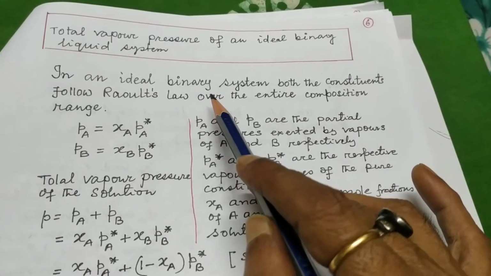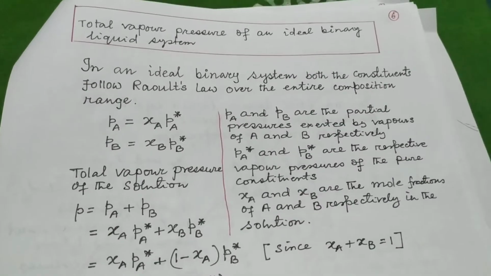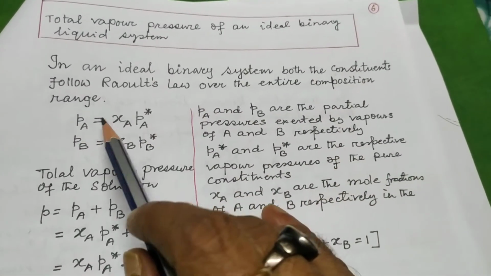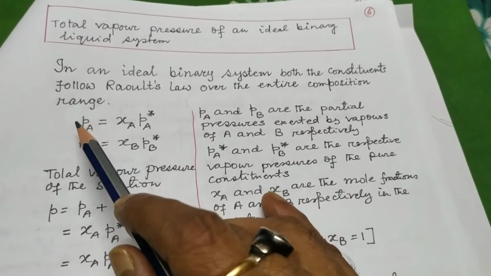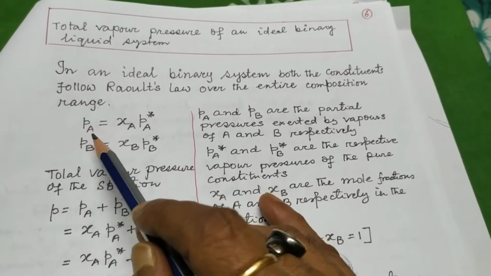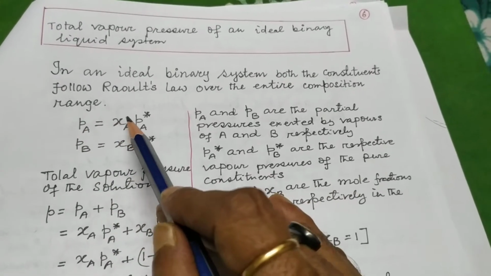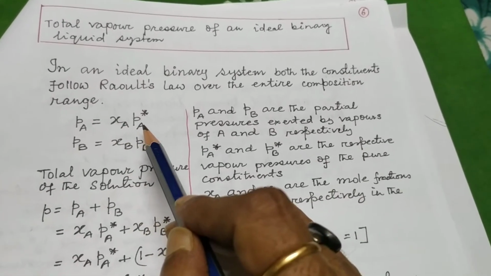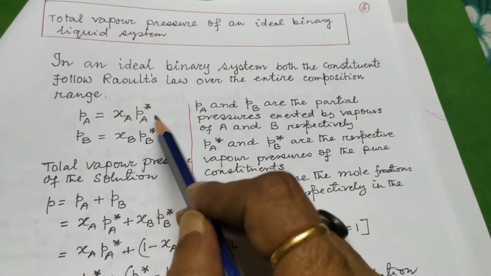Here, A is more volatile than B. Both the constituents will follow Raoult's law. That is, the partial vapor pressure of the constituents over the solution is equal to the mole fraction of the constituent in the liquid solution multiplied by the vapor pressure of the pure constituent.